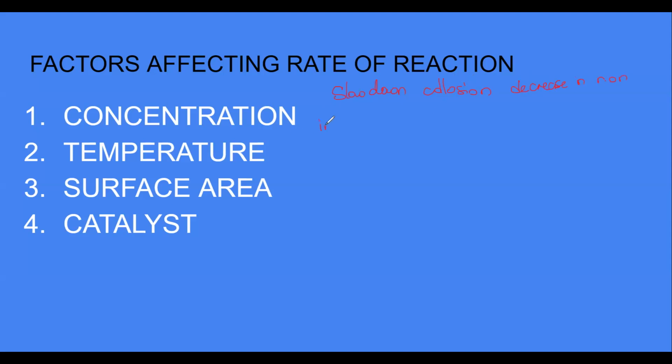Or if we can increase collision, we have a high rate of reaction. So these are some factors that can either slow it down or speed it up, right?